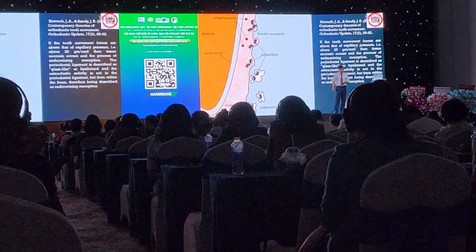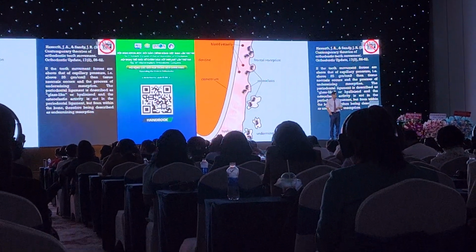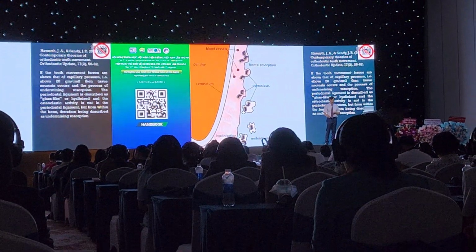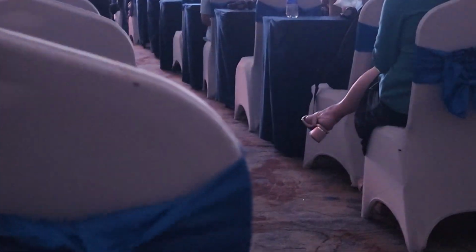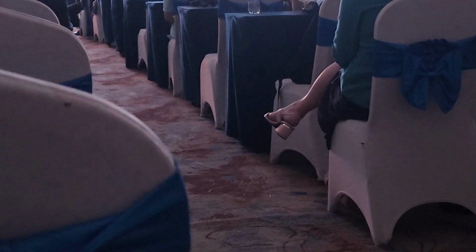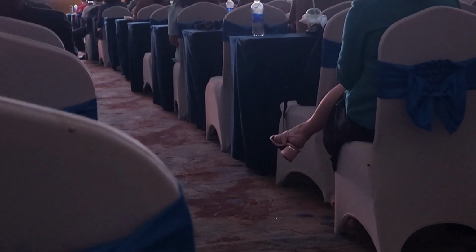When we see on the diagram, when we use the light force, we will have the osteoclast working on the PDL space, and we have frontal resorption.